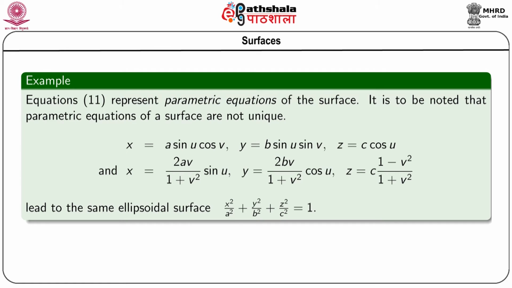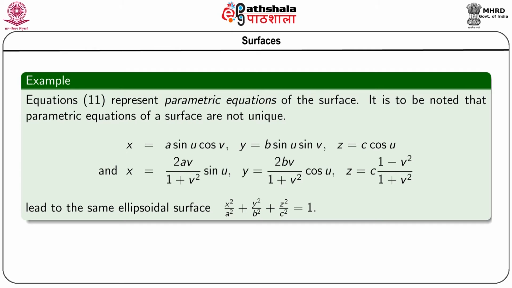Now, if we look at the second parametric representation of the surface, x equals 2av by 1 plus v square sin u, y equals 2bv by 1 plus v square cos u, and z equals c into 1 minus v square by 1 plus v square.